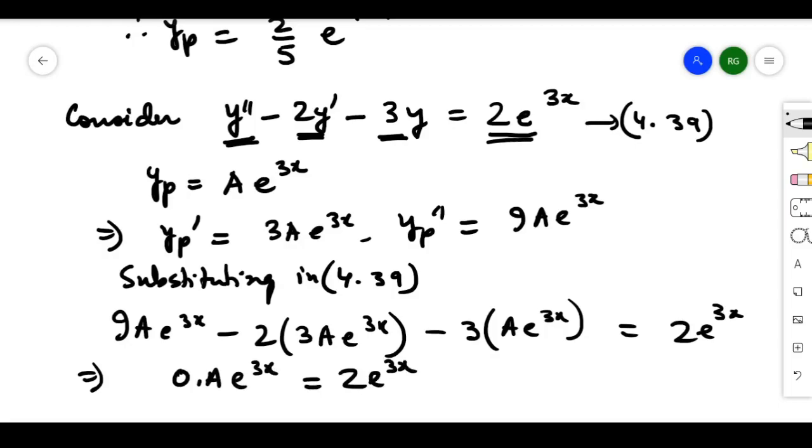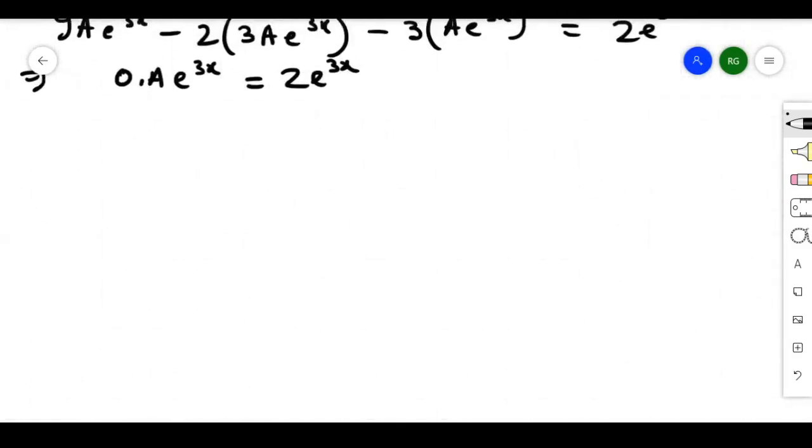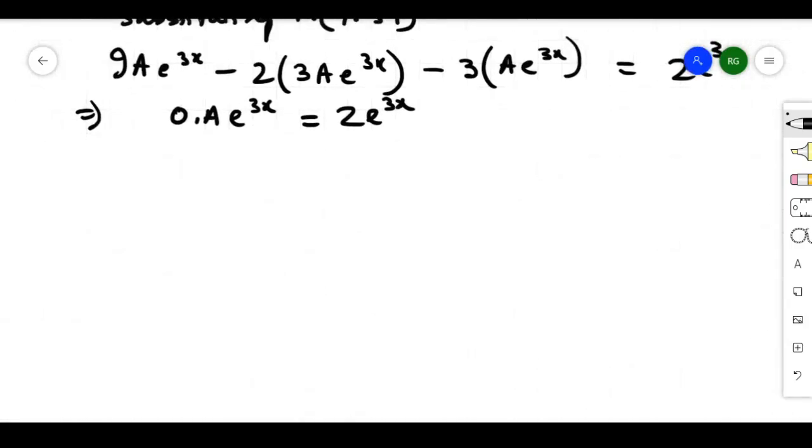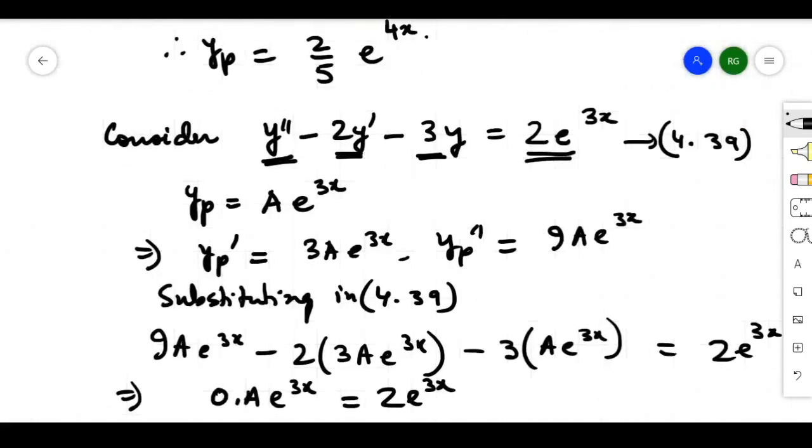So now on the left hand side we have 0, and on the right hand side we have 2 e to the power 3x. And this is true for all x in R, because here we observe that the coefficients on the left hand side, a0 is 1, a1 is minus 2, and a2 is minus 3.